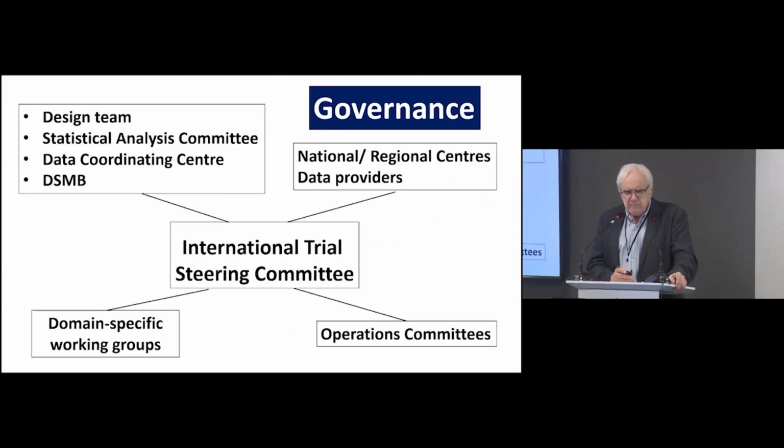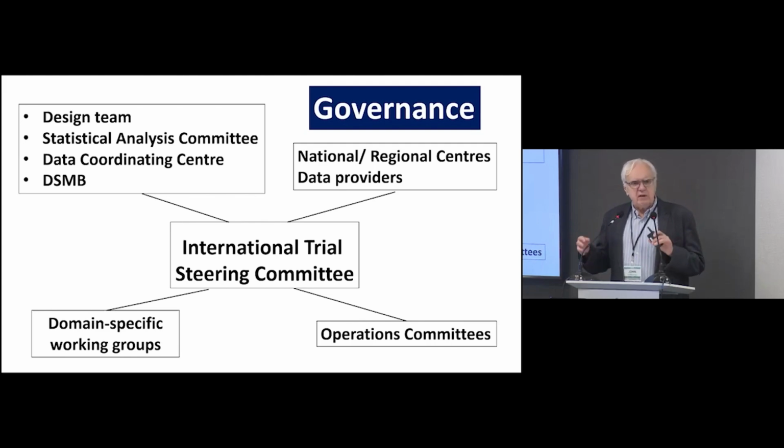Its governance is a little bit complex. It's run by an international trial steering committee, which consists of about 50 or 60 people. We have a methods component where there's a design team that develops the domain-specific protocols, a statistical analysis committee that does the analyses, a data coordinating center that brings together data from multiple different data providers.